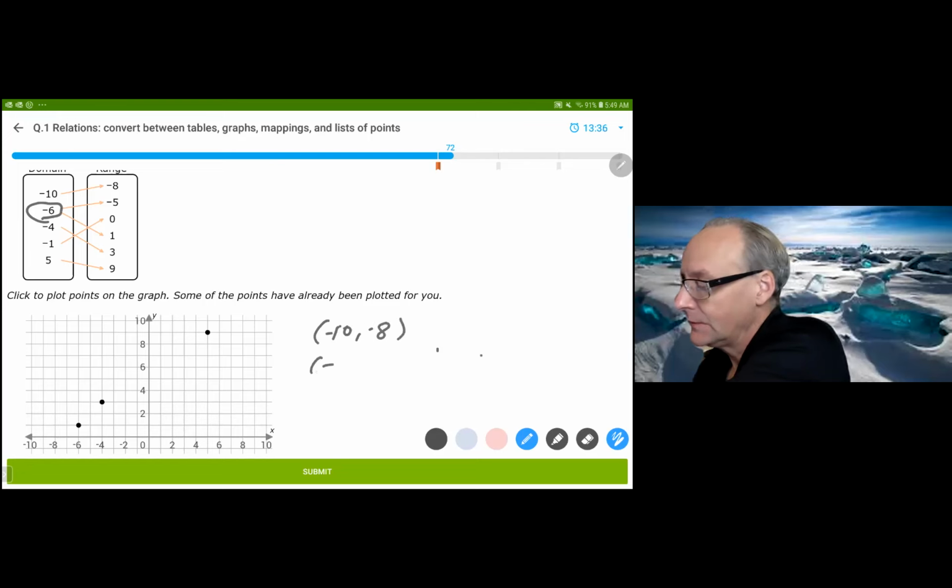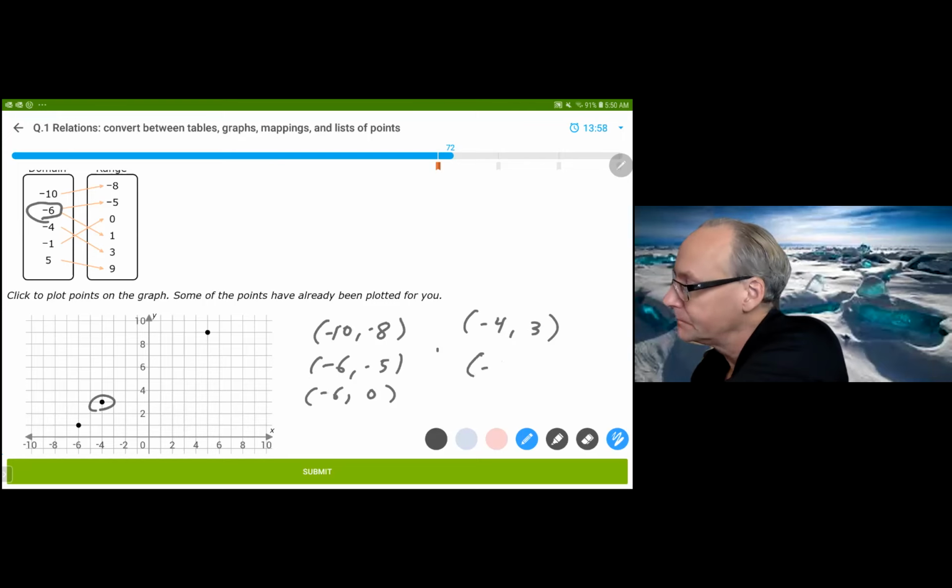I've got -6 going to -5 and also going to 0. We have -4 going to 3, which I can see right here. And we've got -1 going to 0. I don't see that one. And then I have 5 going to 9, which I do see right there.